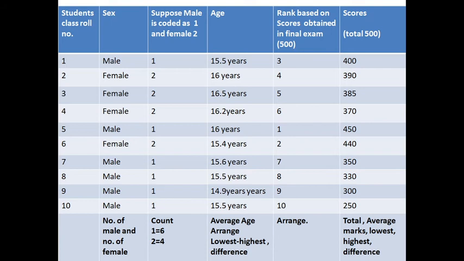Then another piece of information about the students, that is the respondents, is collected: age in years and months. So roll number 1 is 15.5 years, that means 15 years and 6 months old. Roll number 2 is 16 years old, roll number 3 is 16 and a half years old, roll number 4 is 16.2 years, roll number 5 is 16 years. So this way their ages are also given.